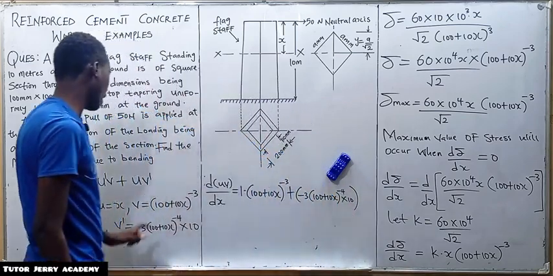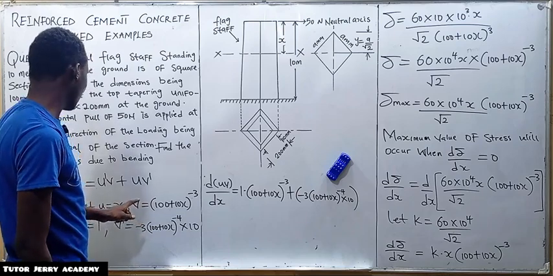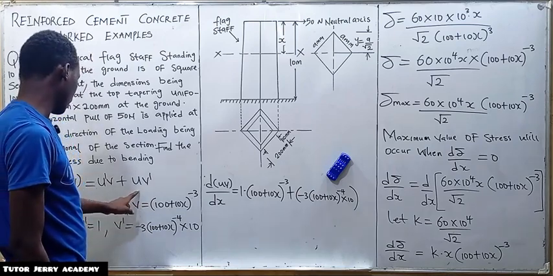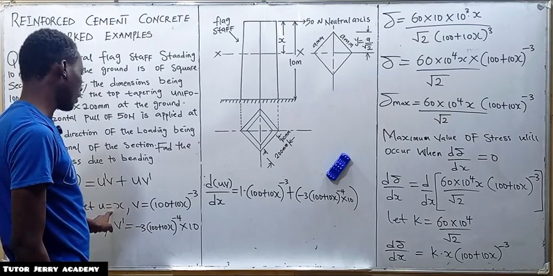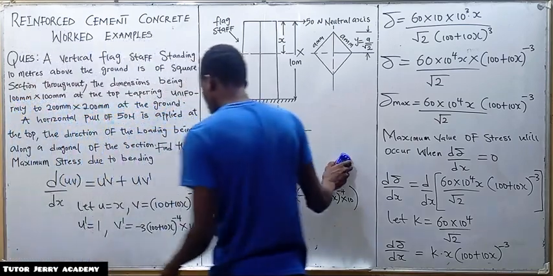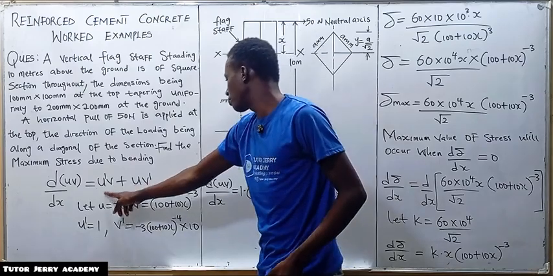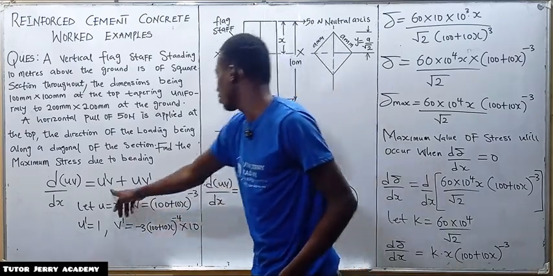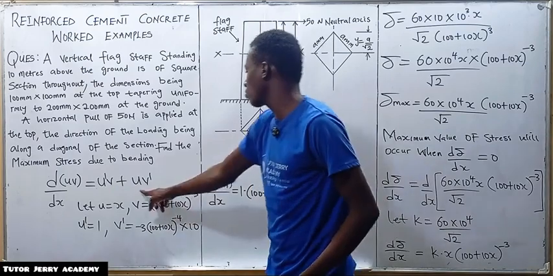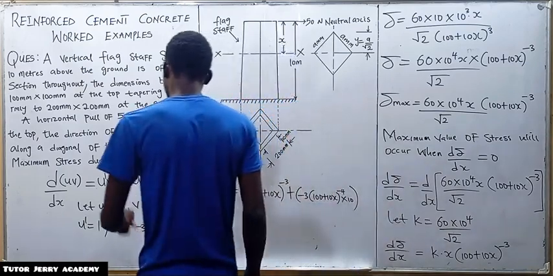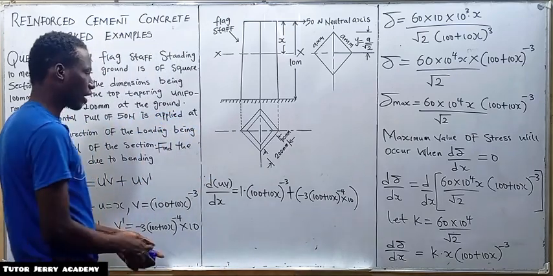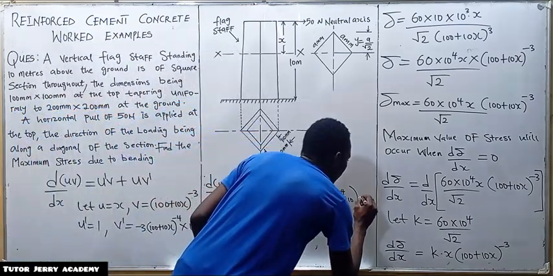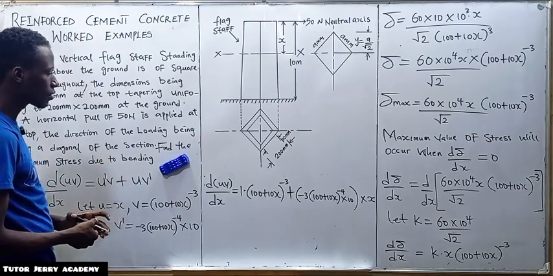We have u prime, which is 1, and v, which is this, and u, which is x, multiplied by v prime, so we can just say multiply by x here. So this is what we have.